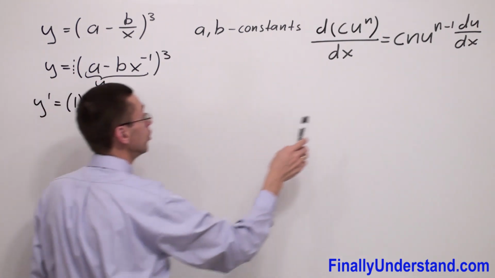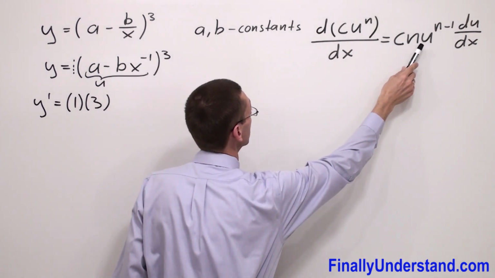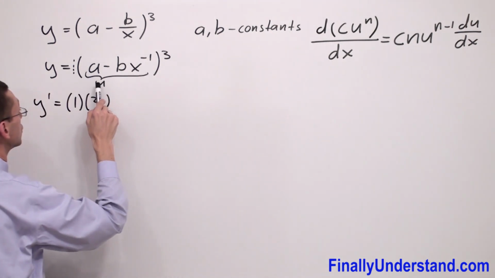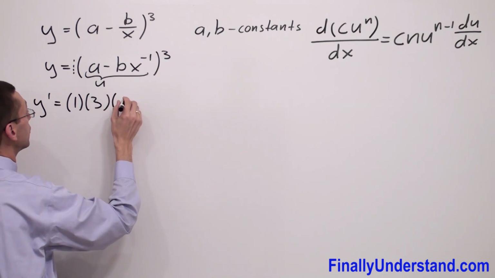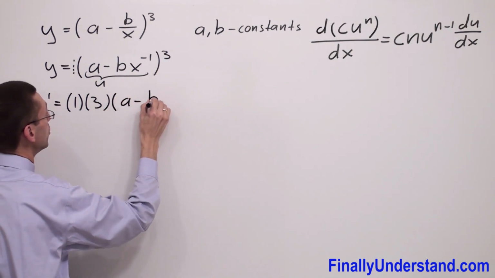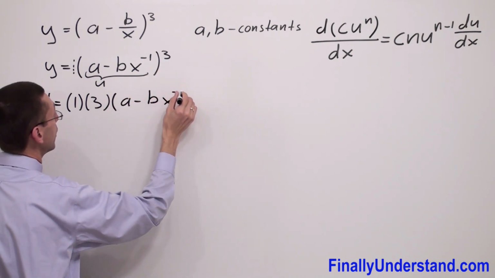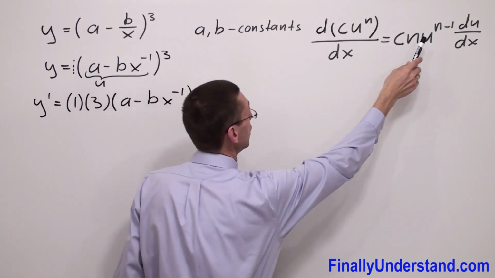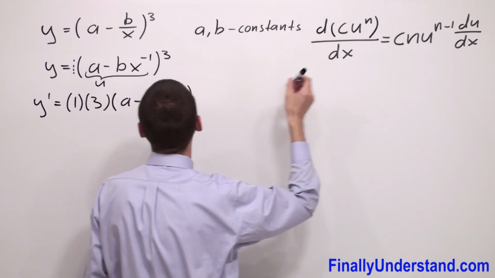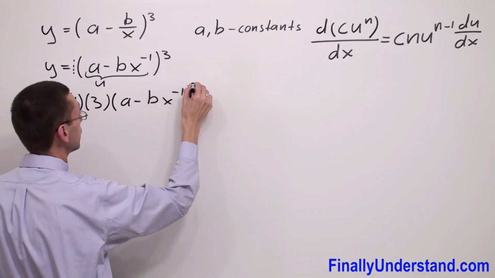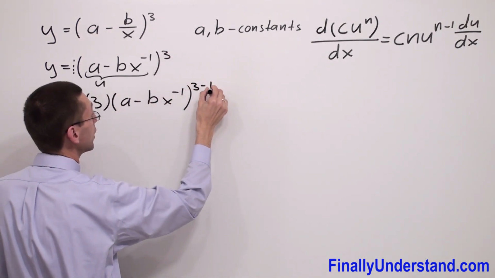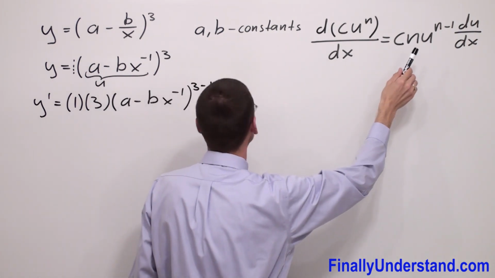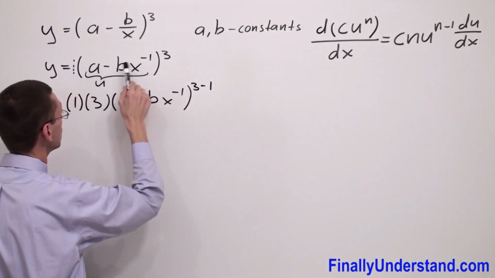Next, we have to multiply everything by the content of the parentheses, because this is my u. So I have a minus bx to the power negative 1, and I have the exponent minus 1. So I have 3 minus 1, times the derivative of the content of the parentheses.